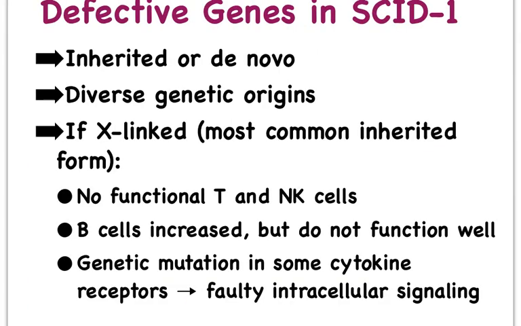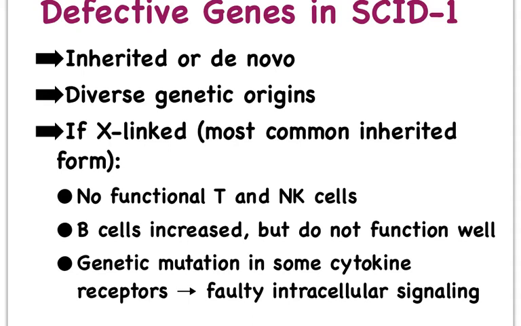Like any primary immunodeficiency, there's some problem with a gene or more than one gene. In the case of SCID, these malfunctioning genes can either be inherited or they can develop anew, de novo. There are different ways in which the condition could be inherited.